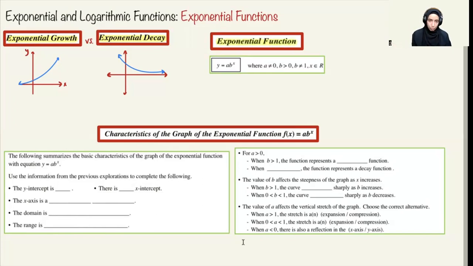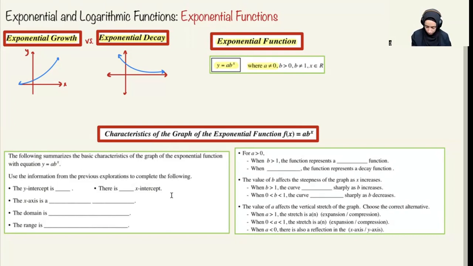So what is an exponential function? When we talk about an exponential function, I want us to talk about the main form that it takes. It takes this form: y is equal to a multiplied by b to the power of x, where a is not equal to 0, because if a is equal to 0, then we're saying y is equal to 0.